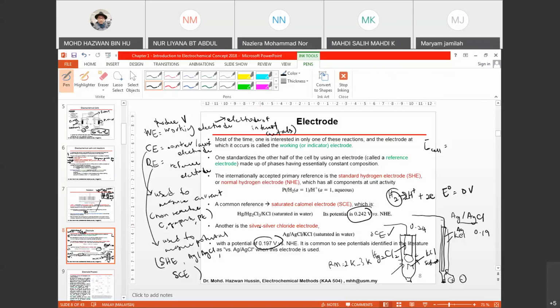It is not continuous. So during the measurement, if there's a leakage or whatsoever, it becomes tedious for people who run the experiment.